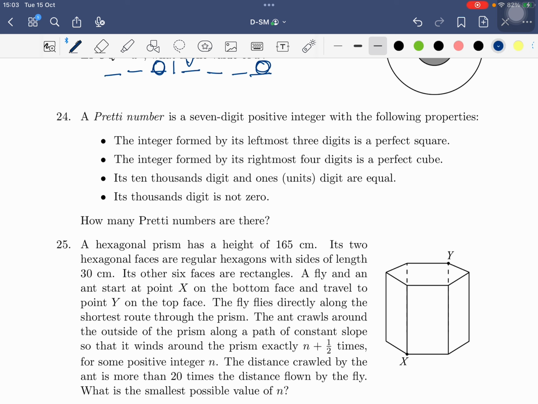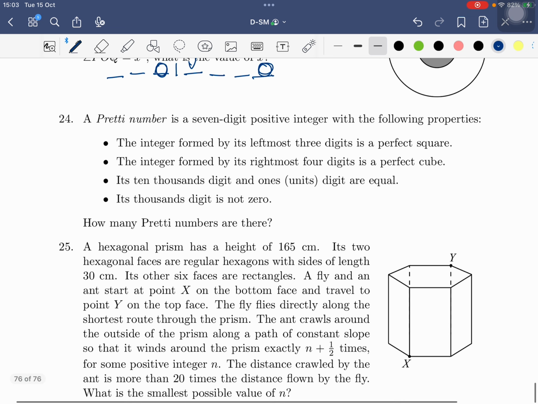But how many numbers have squares of 3 digits? So 30 times 30 is 900. Let's say 31 times 31 is 961, 32 times 32 is 1024. So from 10 to 31, these have 3-digit perfect squares. What about cubes? 20 cubed is already 8,000.